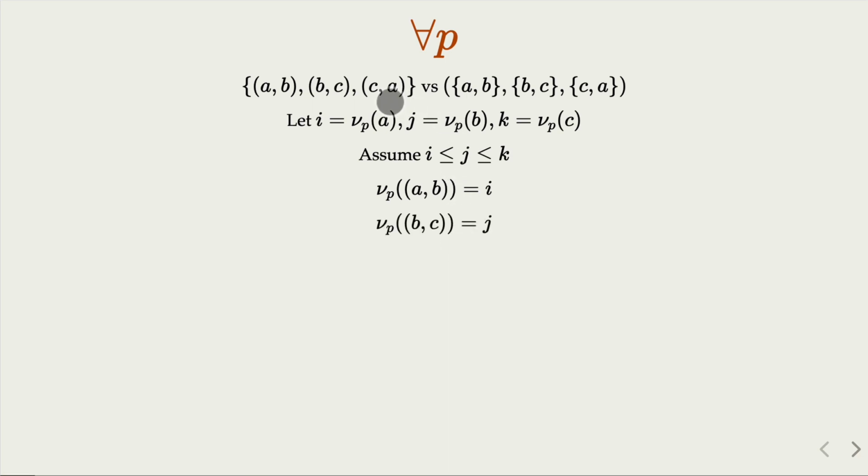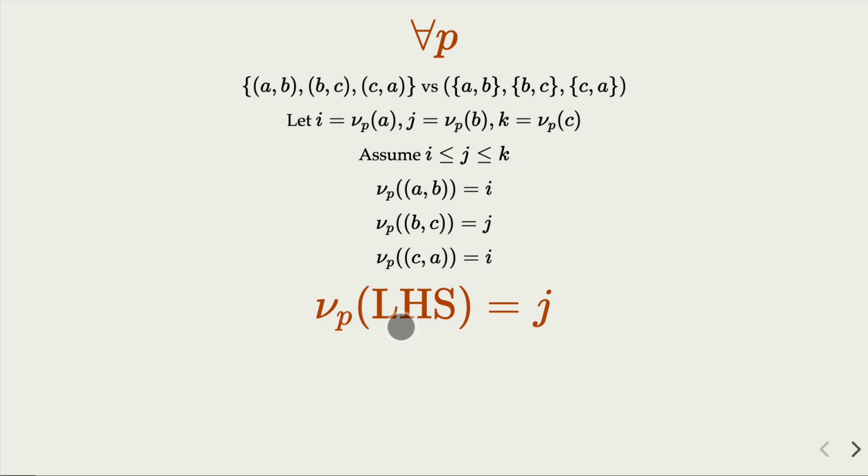And for CA, you take the smaller value, which is i, right? Now for the LCM, the quantity on the left-hand side is the LCM of these 3 values, the GCD of AB, BC, and CA. The exponent is going to be the max of those, in this case j. Okay, so what you get is the exponent of p in the left-hand side quantity, the LCM of 3 numbers, is j.